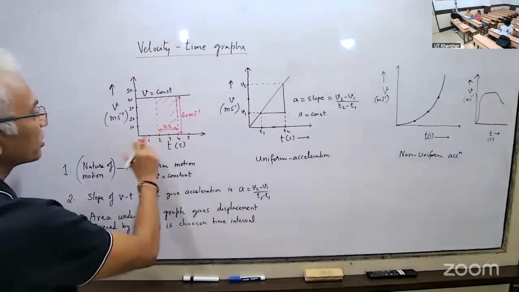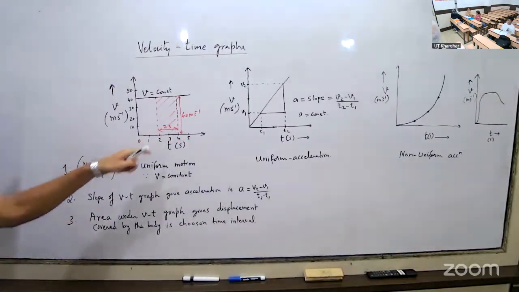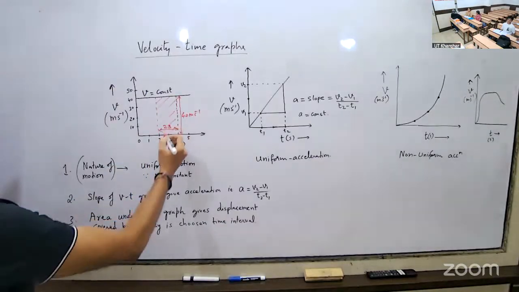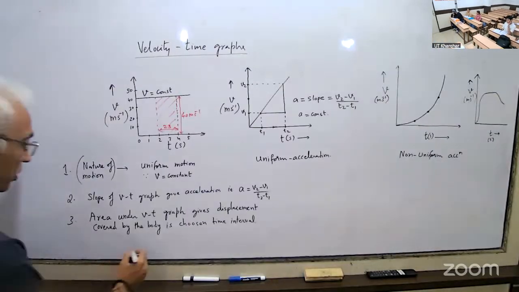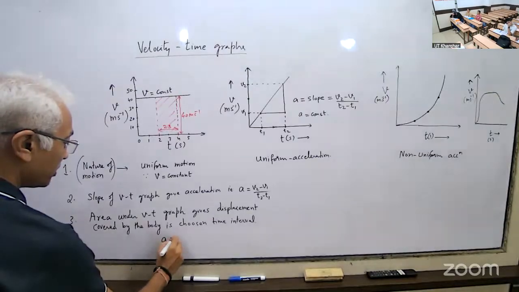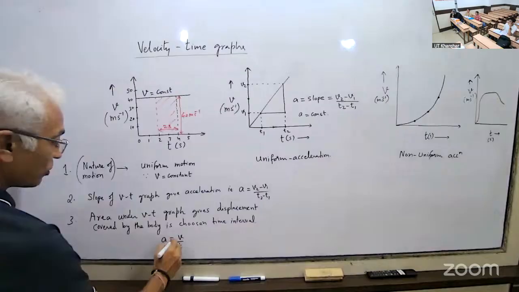Isn't it? So is it not the area? 40 into 2 is 80, which is the area. So therefore, acceleration is v by t, change in velocity over time.